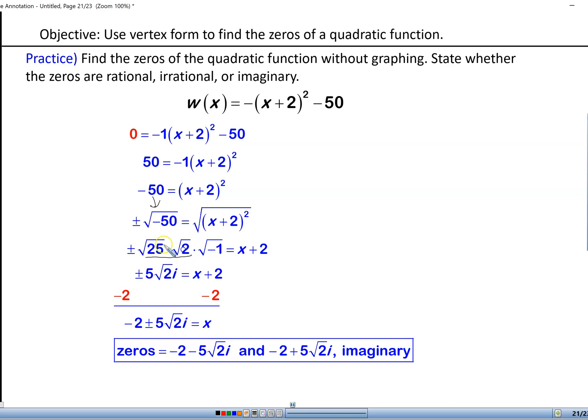That's your square root of 50, but 50 has a perfect square factor of 25. And here's your square root of negative 1. That becomes your i. Square root of 25 is the whole number 5, and the square root of 2 is still there. Subtracting the 2 from both sides, that minus 2 should be in front of your plus minus. And then here the zeros are shown separated because of the i. We say they are imaginary.